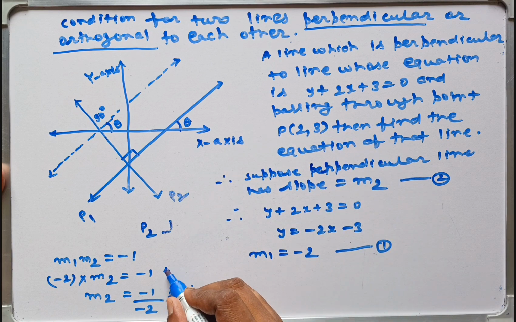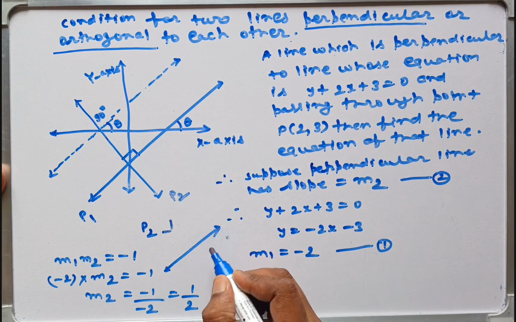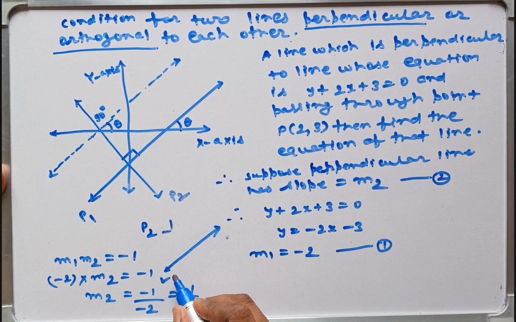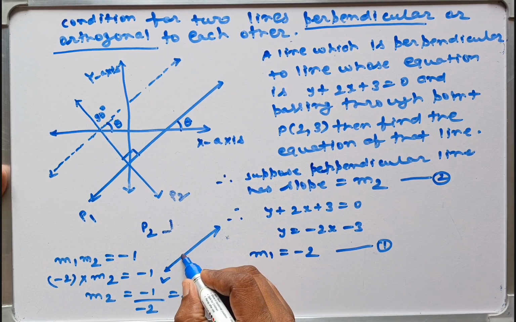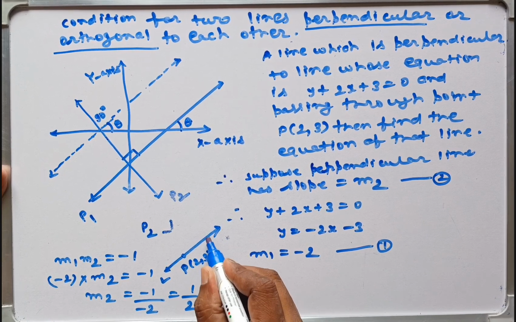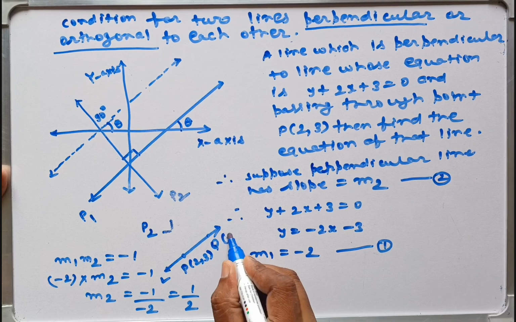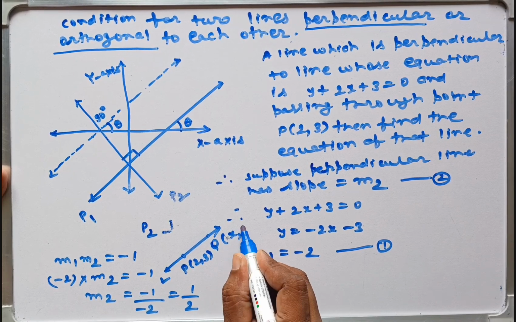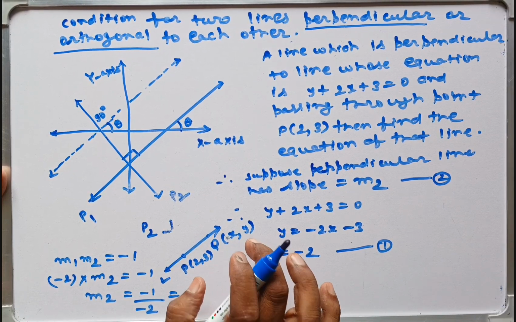Okay, so if this line is L, or this point P equals (2, 3), and Q is a point whose coordinates are x and y, which is arbitrary.